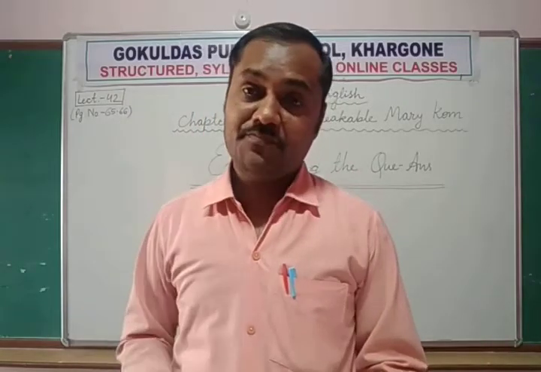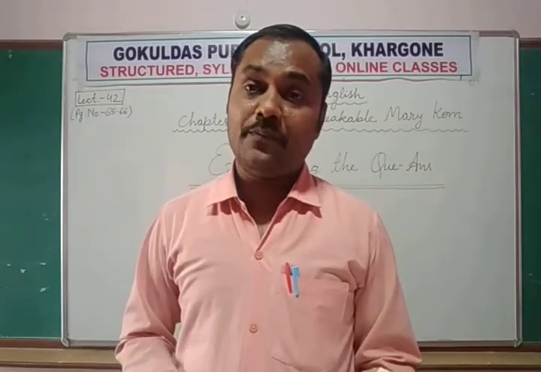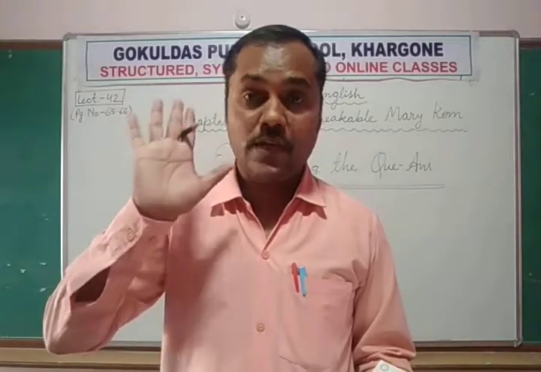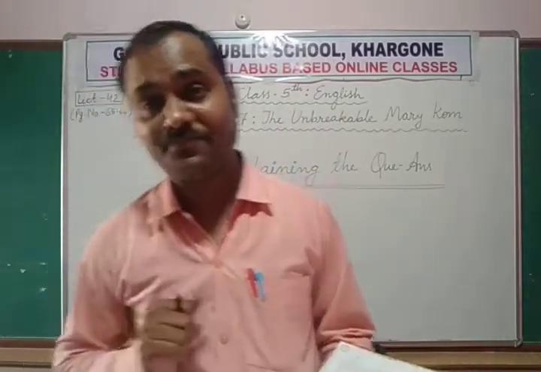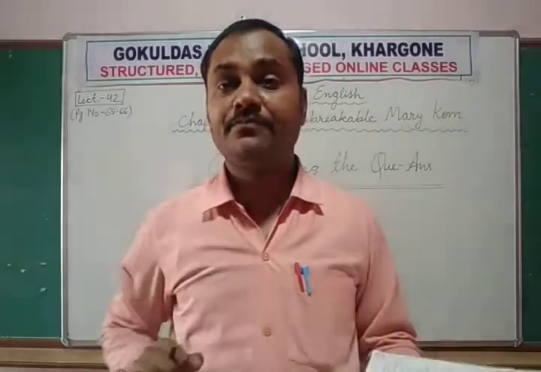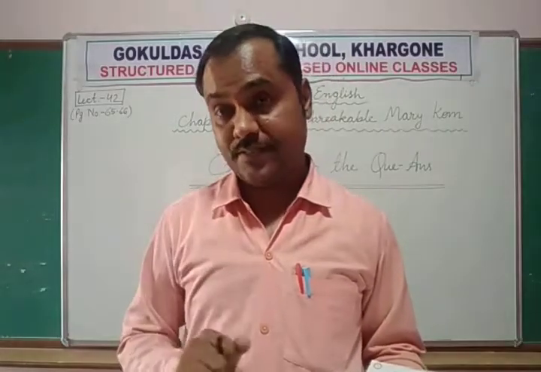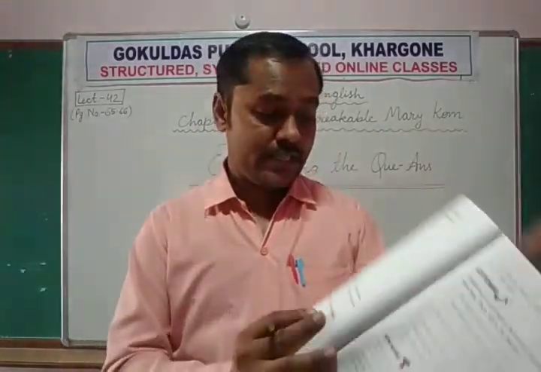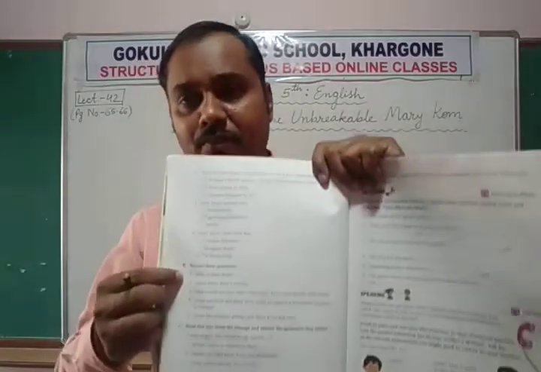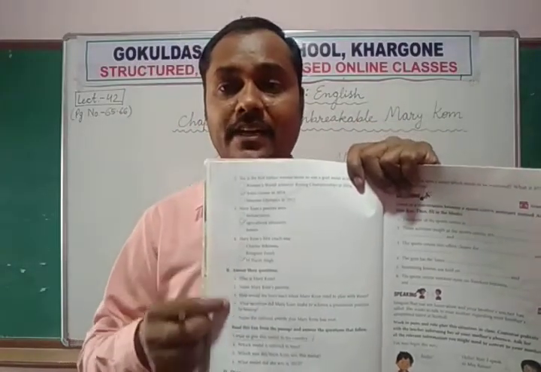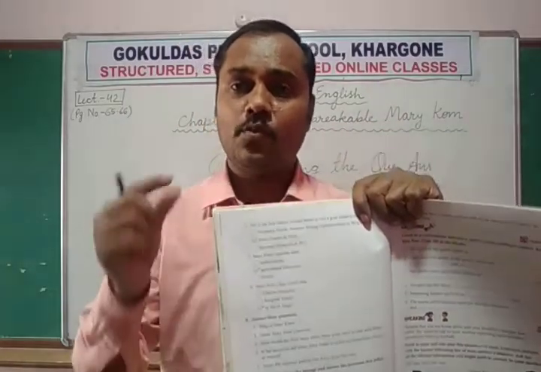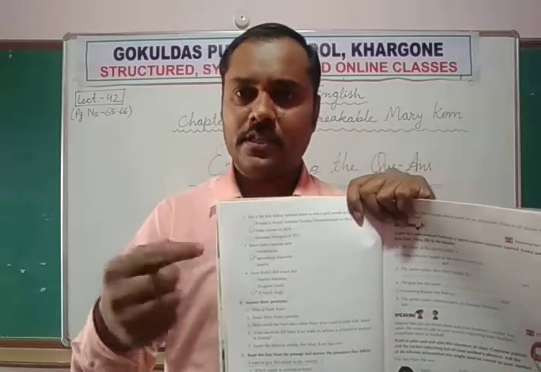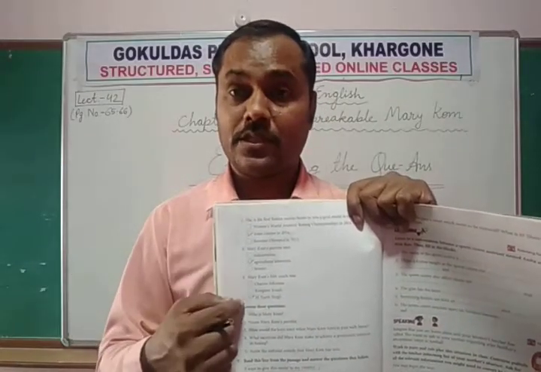The second thing: you need to prepare at least 5 extra questions from this chapter, which are not given here. Three questions like exercise B, that is, one-line or two-line short answer type questions.